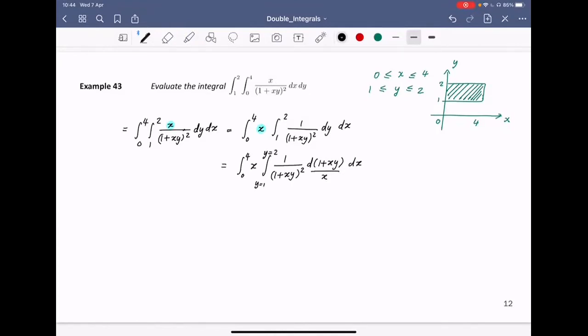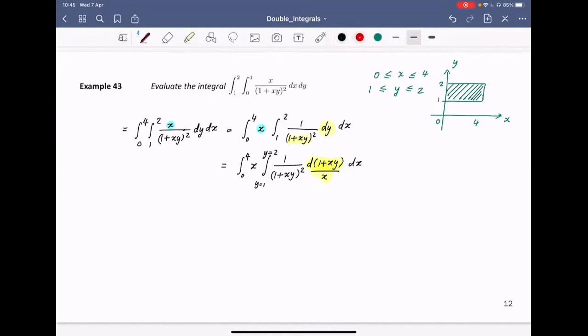All right, so let's go slower than that. What I did here is, because I see this is 1 over something square dy, I am going to pick my u to be 1 plus xy. Does it make sense? And then once I pick u equal to 1 plus xy, I can switch dy to d of 1 plus xy over x.